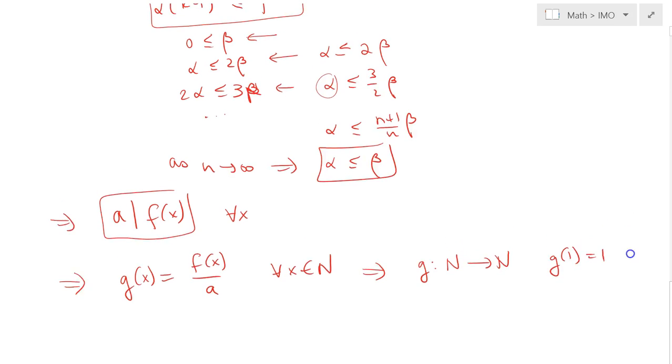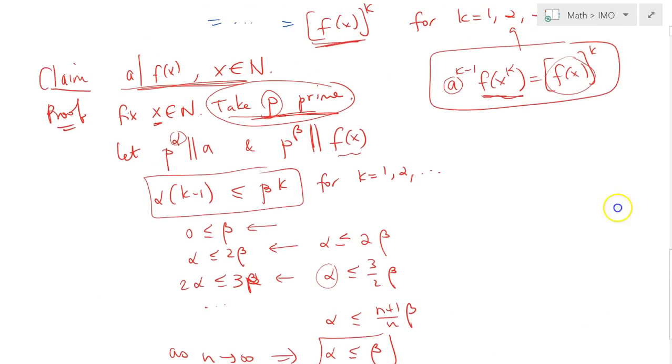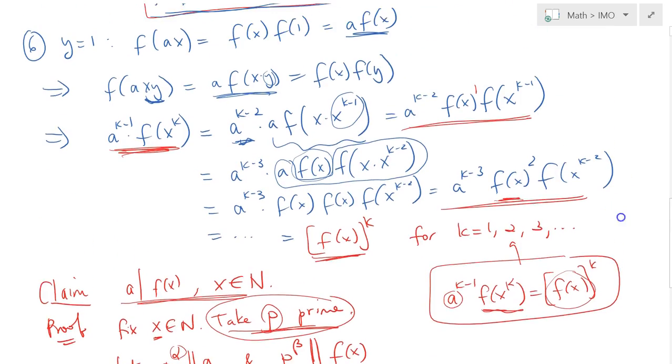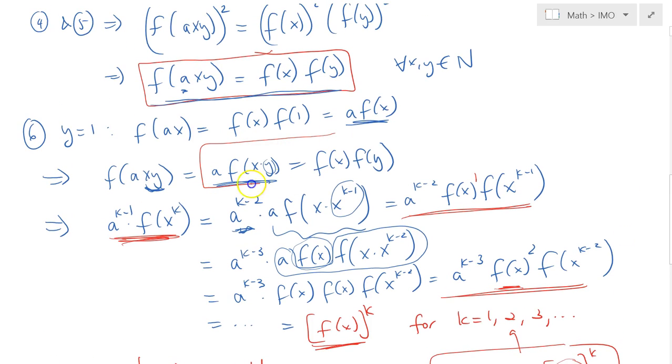Also, if you look into this expression that we got earlier, namely this expression here, this would imply that if I replace the f expression with the g counterpart, a times g of xy is simply equal to the same thing here.